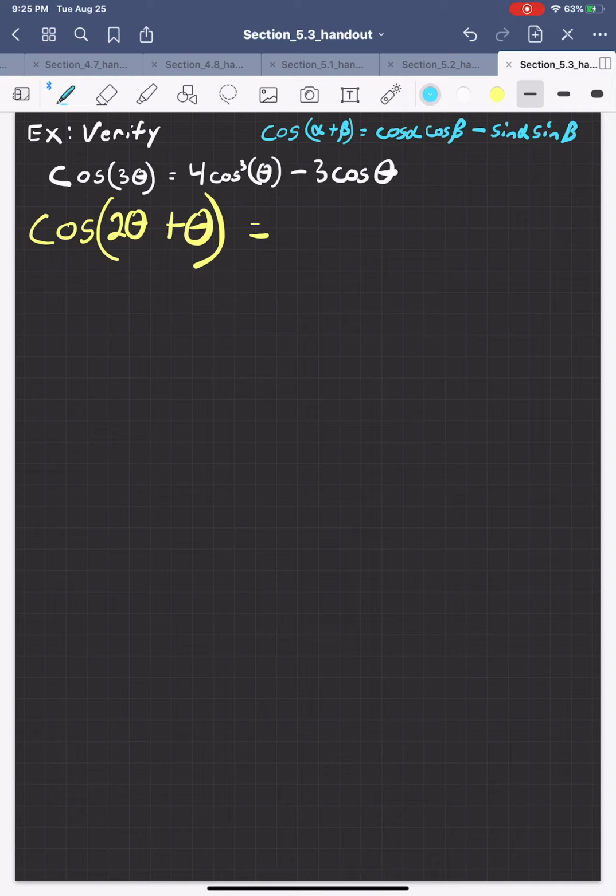So this is right from section 5.2. But now my question is, what are we going to use for alpha, and what are we going to use for beta?